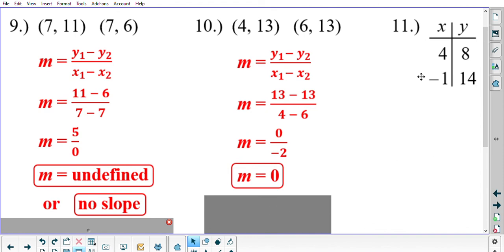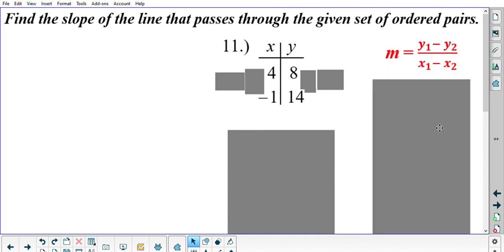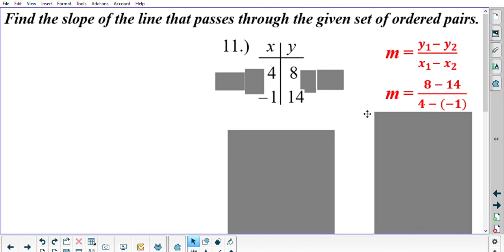All right, one more problem to go, number 11. Now, I gave this problem a little bit differently in format. Instead of writing you ordered pairs in parentheses, I gave it to you in a chart format like you saw on the previous guided notes that we had just done before this lesson. You could still do the formula. And you would substitute, it would look like this, 8 minus 14 over 4 minus negative 1.